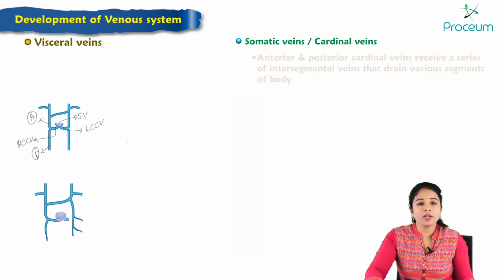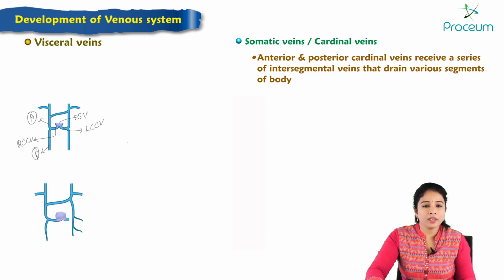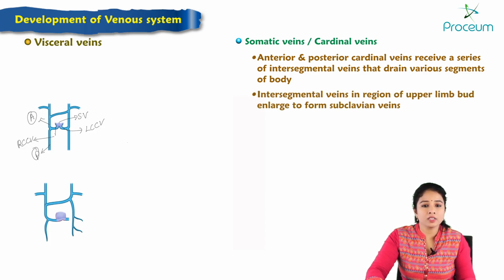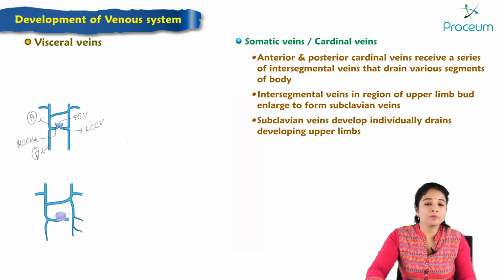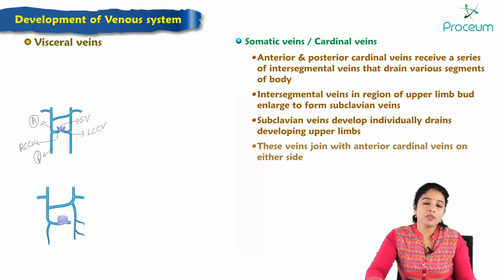So, let's talk about anterior and posterior cardinal veins, which receive a series of intersegmental veins that drain the various segments of the body. The intersegmental veins in the region of the upper limb bud enlarge to form the subclavian vein. So, the subclavian vein develops individually, which drains the developing upper limbs. These veins join with the anterior cardinal veins on either side.